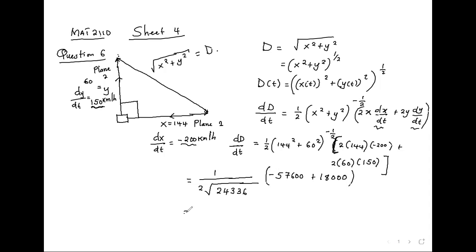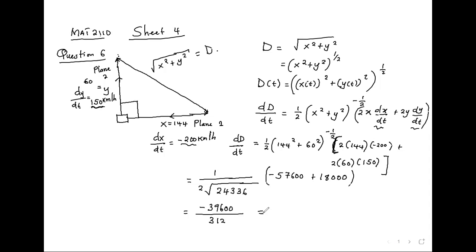Okay. Then we add those, so minus 57,600. That's giving us negative 39600 over 2 multiplied by the square root of 24336 plus that is 3 4.